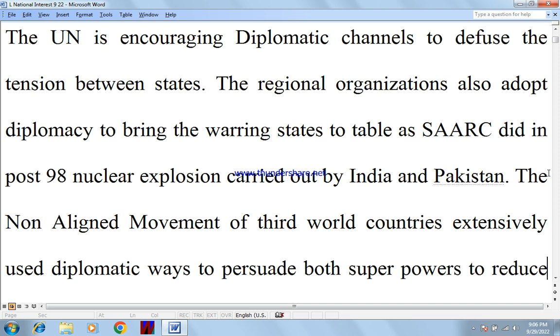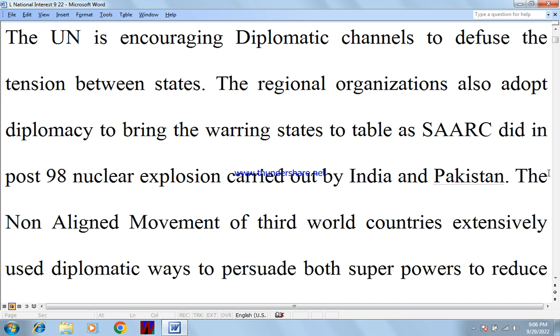The regional organizations also adopt diplomacy to bring the warring states to the table, as SAARC did after the 1998 nuclear explosions carried out by India and Pakistan.